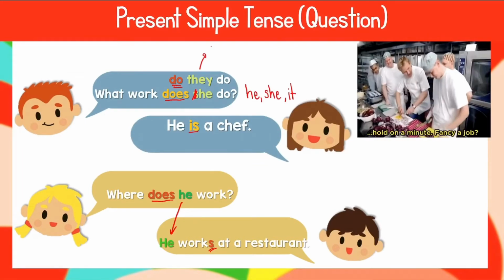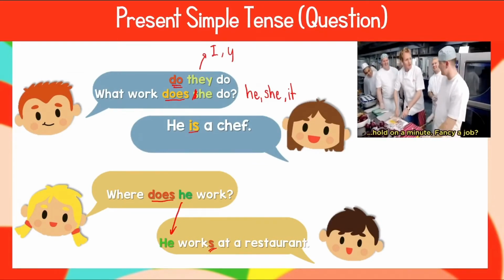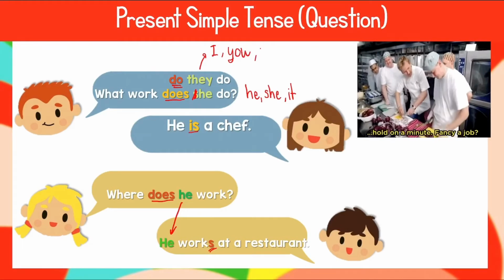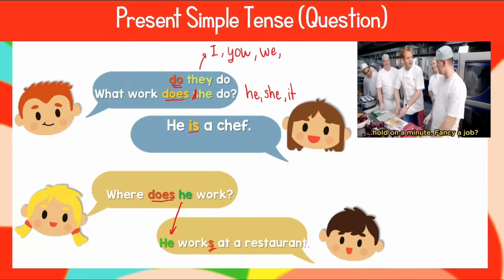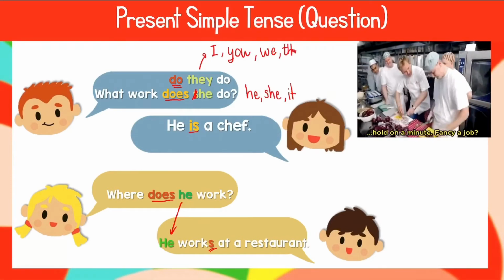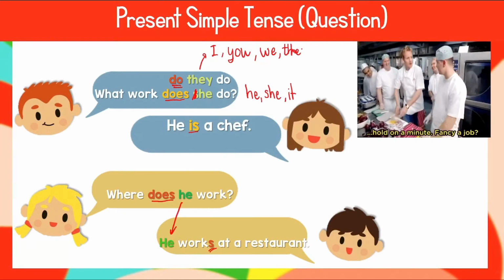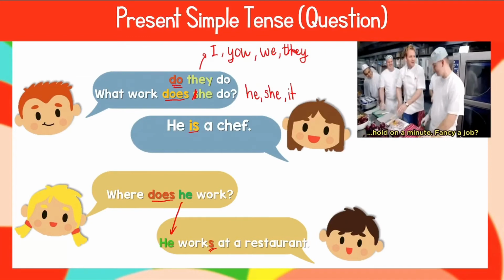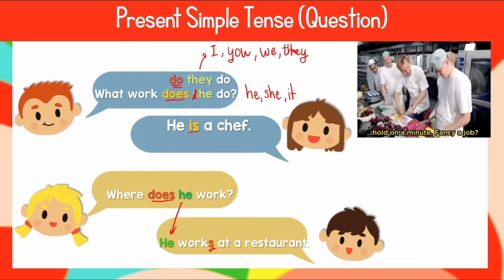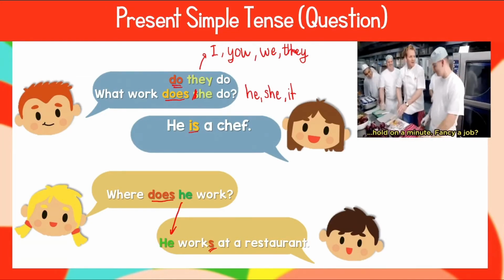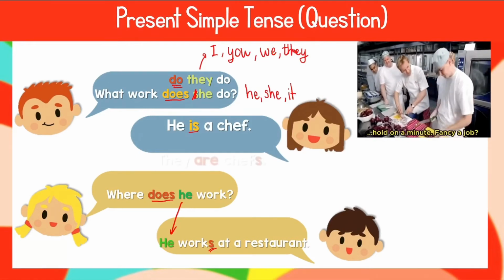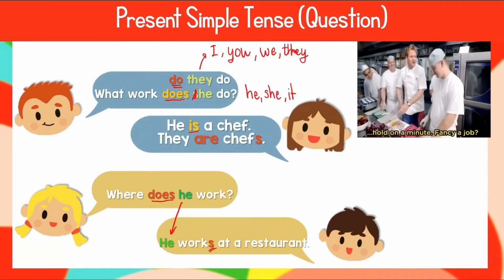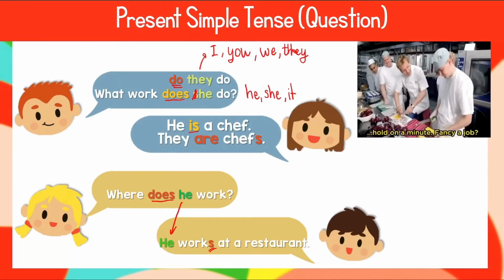And not only plural, but I, you, we, they. We use do. And the answer should be they are. They are ships.